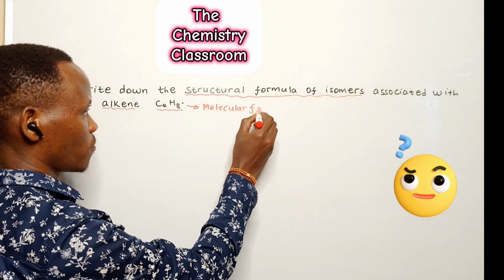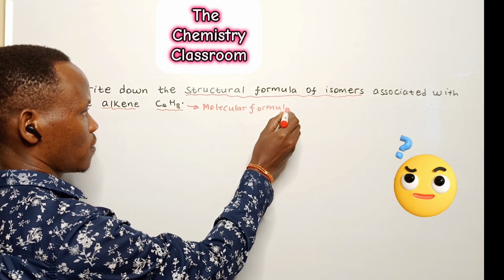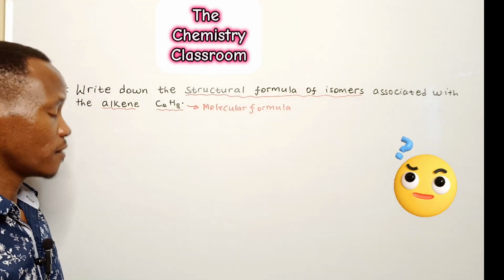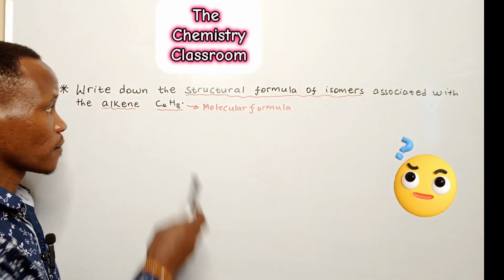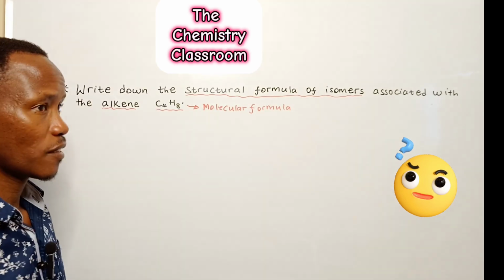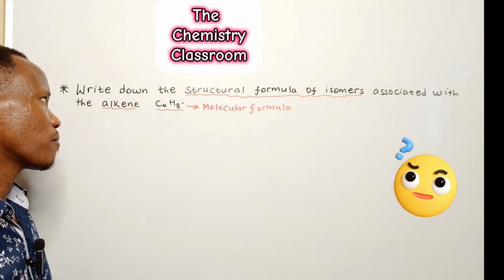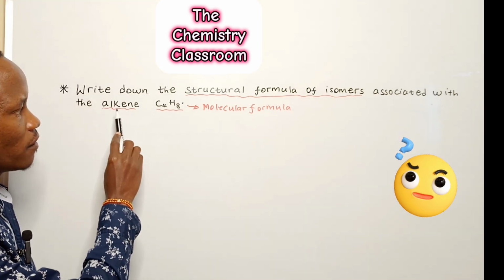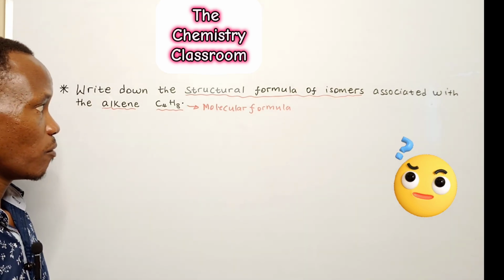So this given information here is the molecular formula of the alkene. So we start by writing what is generally known as the straight chain isomer. And we have to remember that this is an alkene and therefore must bear a carbon-to-carbon double bond.